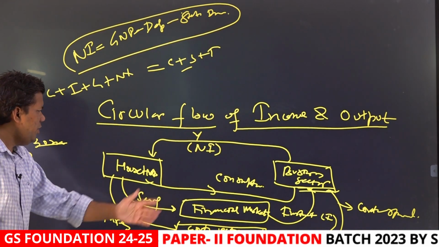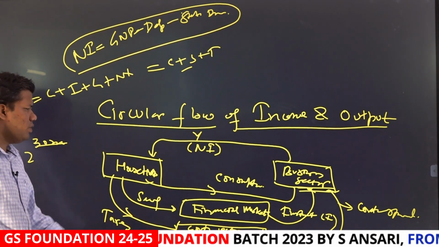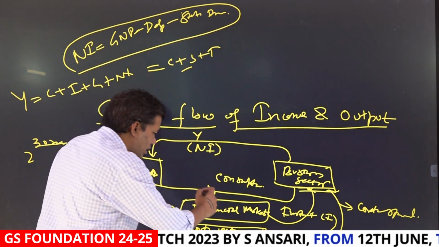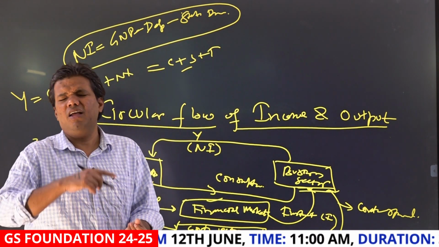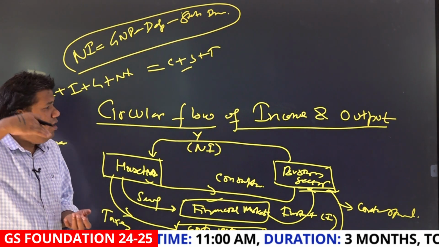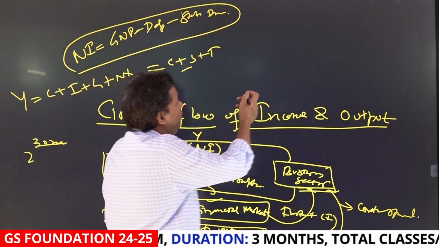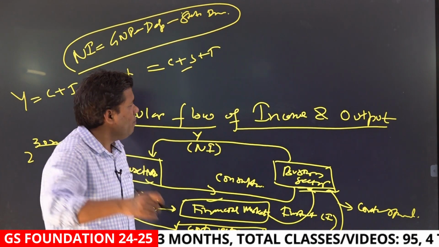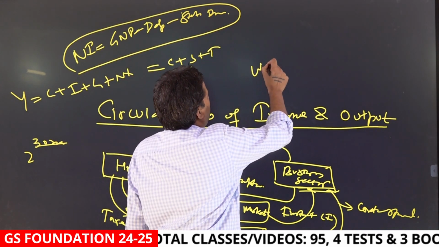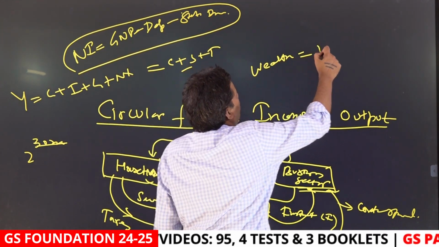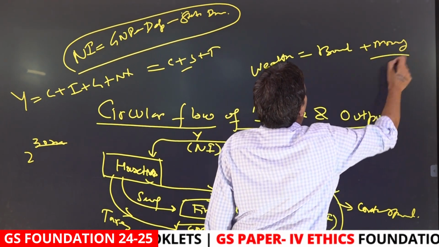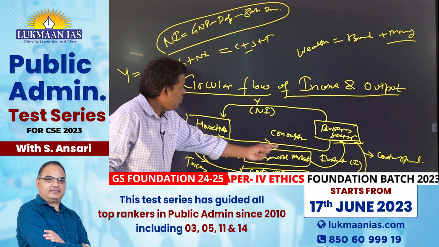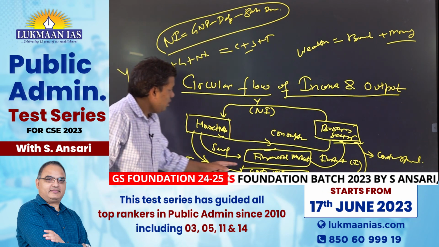I believe this is self-explanatory, and I do not want to invest time here, because when we study the financial market, what is the money market, capital market, duration, and when we move into the Keynesian school further, we will understand this equation: wealth is equal to bonds plus money. We will study the types of money, so at that time we will discuss the financial market in detail.